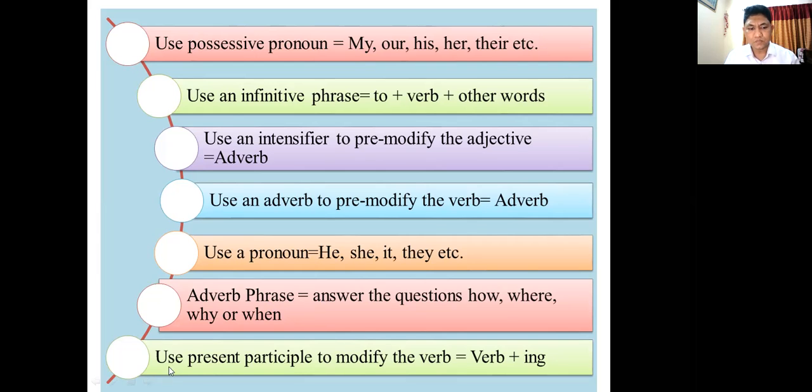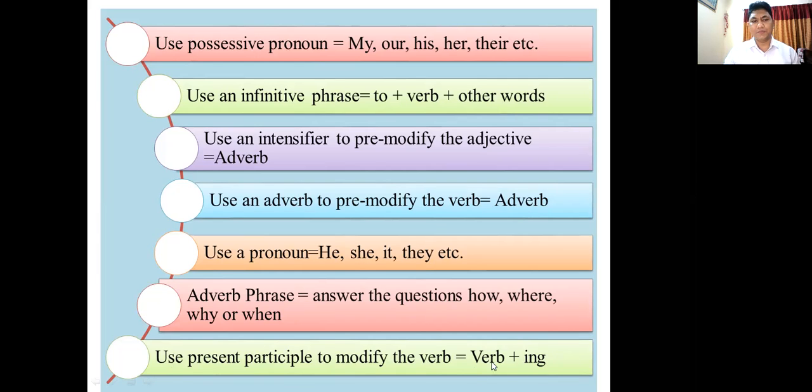Okay. Use present participle to pre-modify the verb. You know that present participle means verb plus ing. So, when you are asked to use present participle to modify the verb, you have to write verb plus ing form.